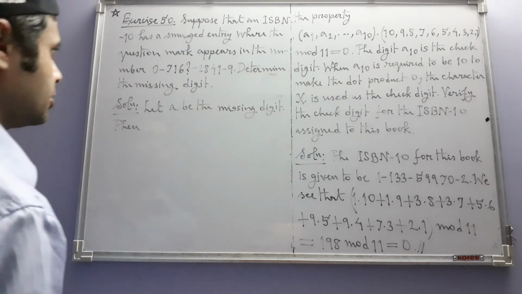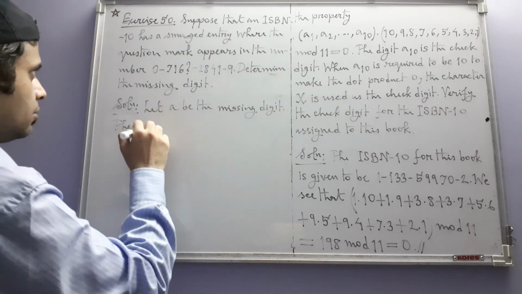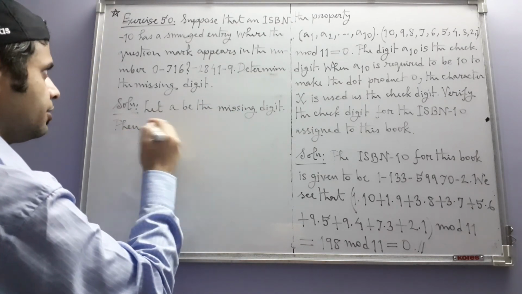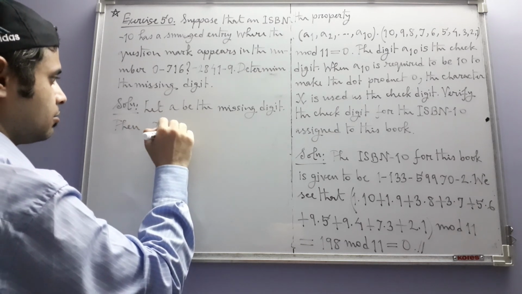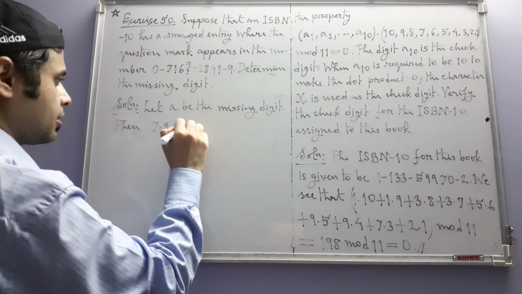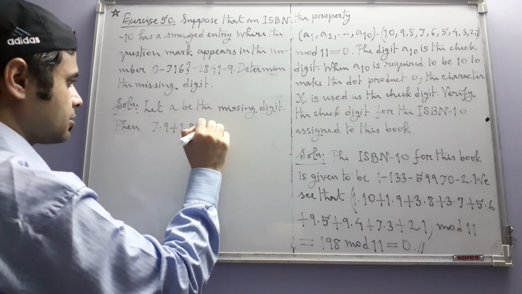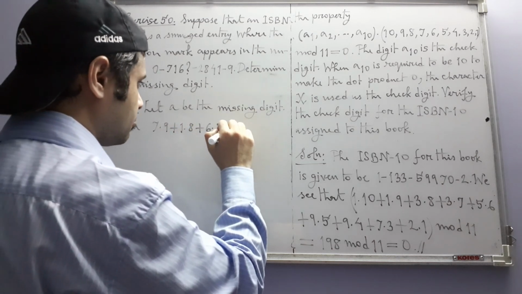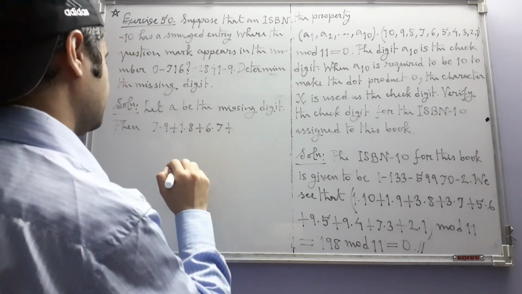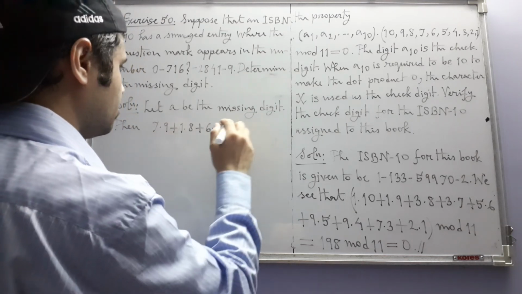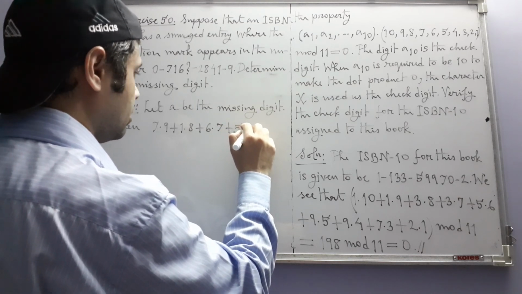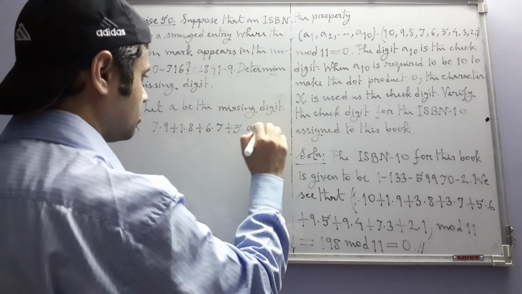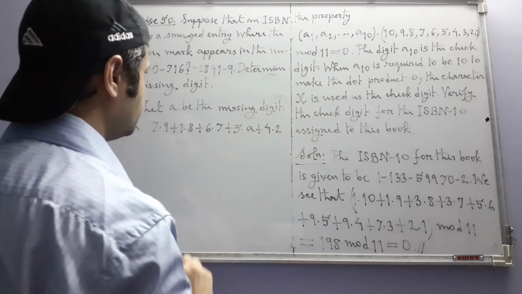Then that same condition: 0 times 10 plus 7 times 9 plus 1 times 8 plus 6 times 7 plus 5 times A, 4 times 2.